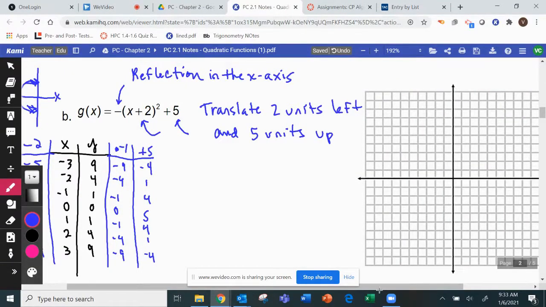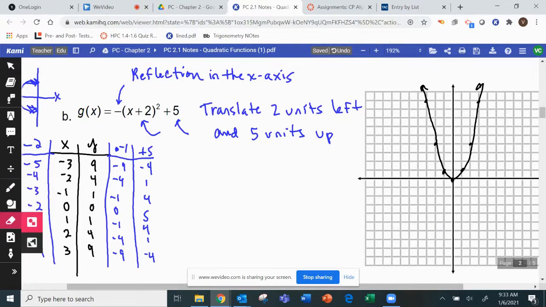All right, so then if you had your original graph, which I didn't graph yet, I'm going to do that real fast. Maybe I'll go ahead and find my vertex also.